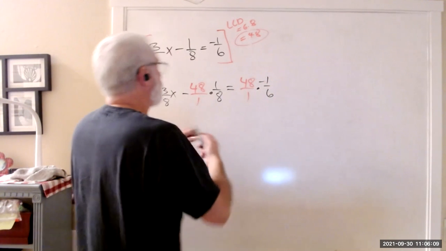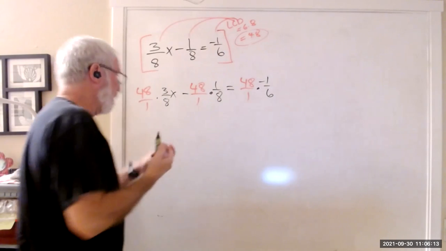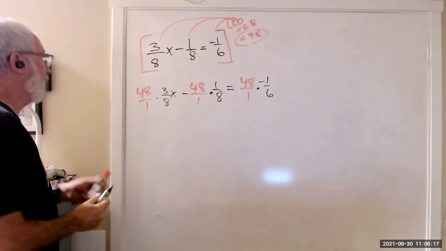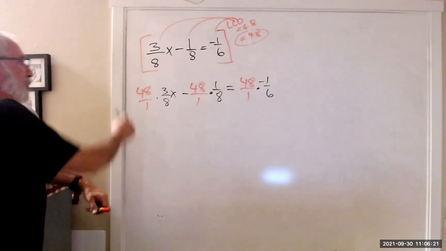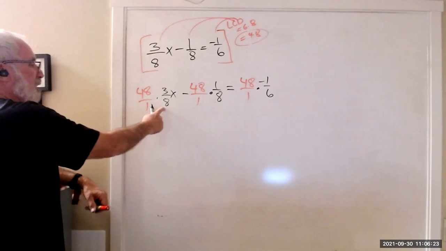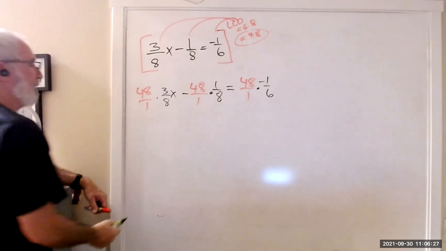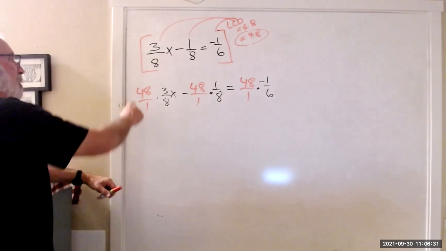So we distribute the 48 to everybody, and this is the mess we get. Now if life is good, the 48 should cancel every denominator. It should cancel out, or you use your calculator.